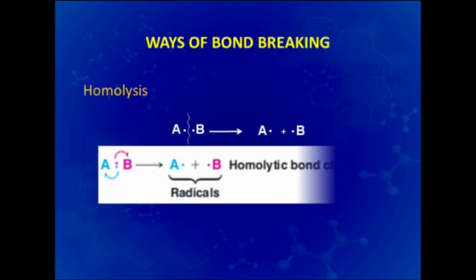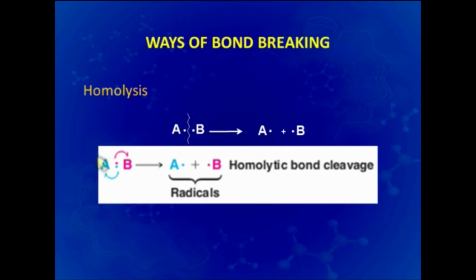This can be depicted with the help of arrows also, and we get two moieties which have an electron each as a result of homolytic cleavage. Such moieties are called radicals, which in fact form very important intermediates in organic reaction chemistry.